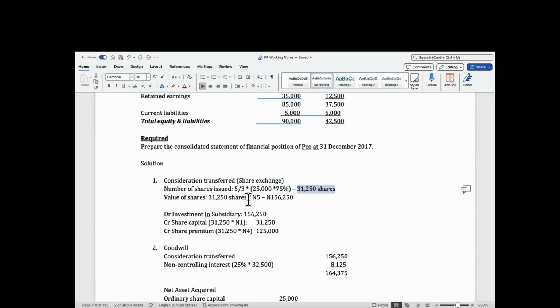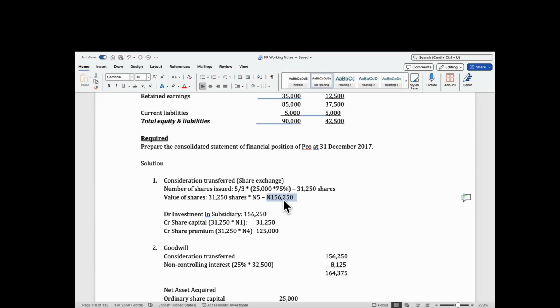Then I get the value by multiplying the number of shares I'm giving the subsidiary by my share price. I was given my share price, that's the parent share price in the question. That's 5 naira. So this is the value. So this value hasn't been recorded in the books, so I need to record it by debiting investment in subsidiary.